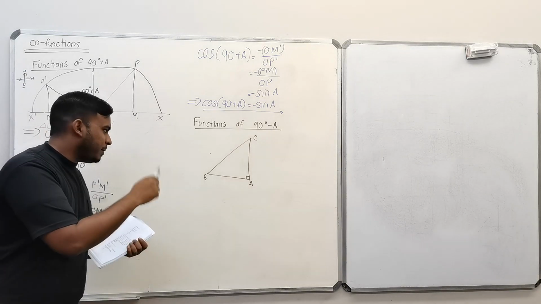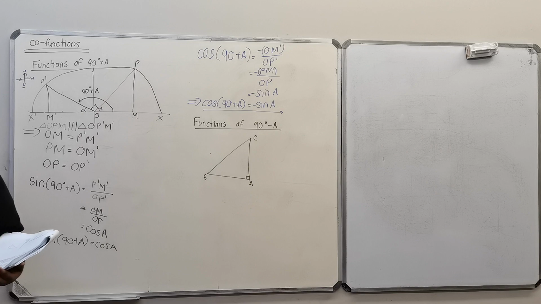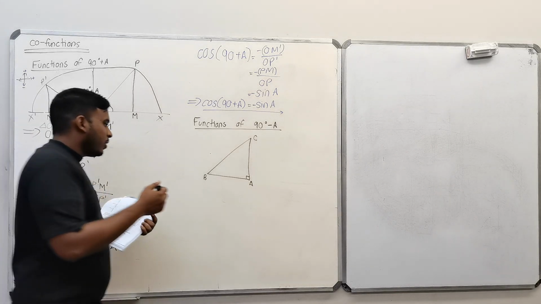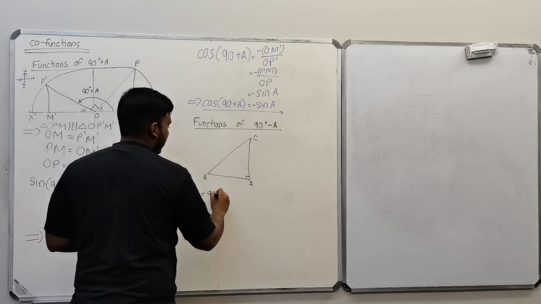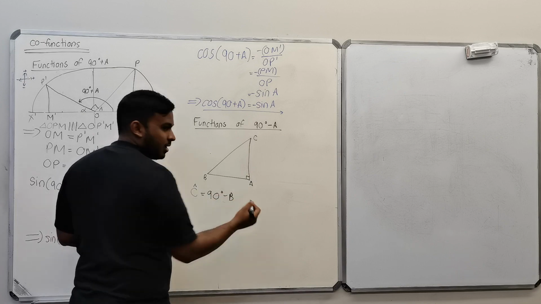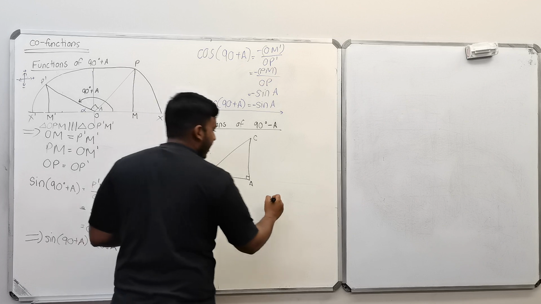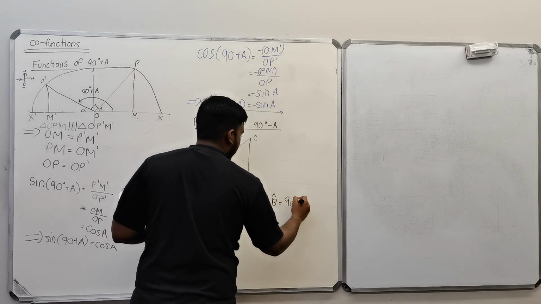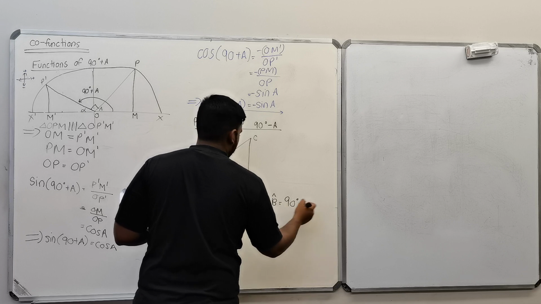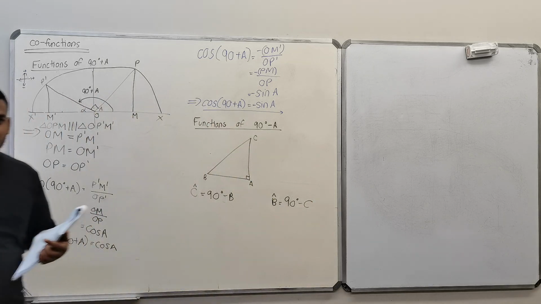That makes B and C complementary. So we can say that angle C is equal to 90 minus B, and we can say that angle B is equal to 90 minus C. Agreed? Yeah.